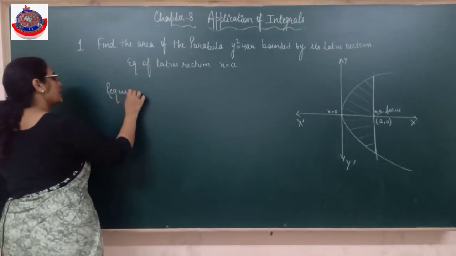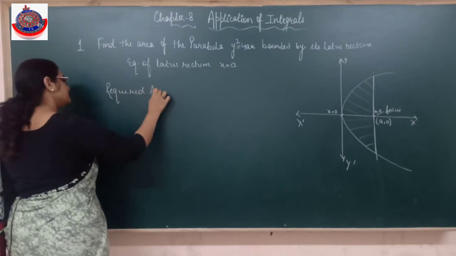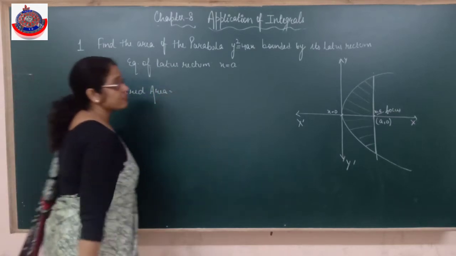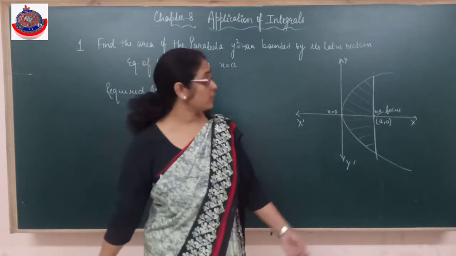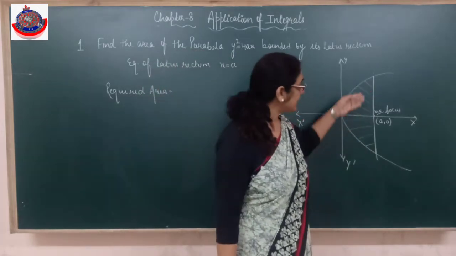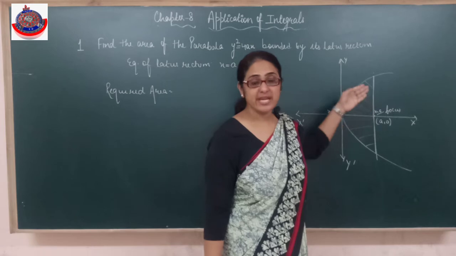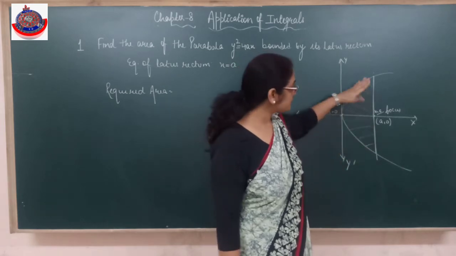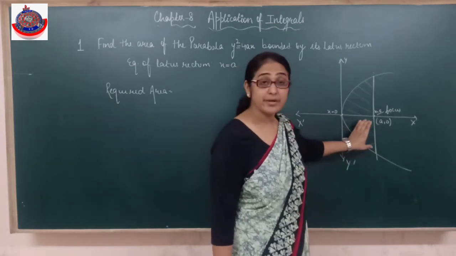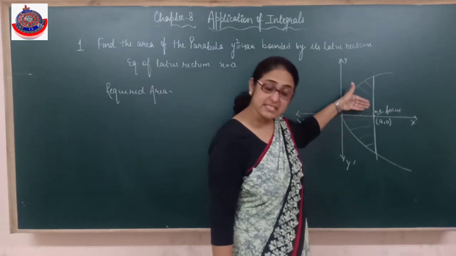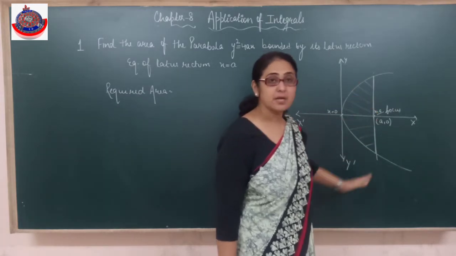Very easy. Required area. Now they have not told me it's in the first quadrant or wherever. So this is the complete area and this parabola is symmetrical about the x-axis. So whatever the area is here, the same area is covered here also. So if I find this area and multiply it by 2, I'll get the complete area.